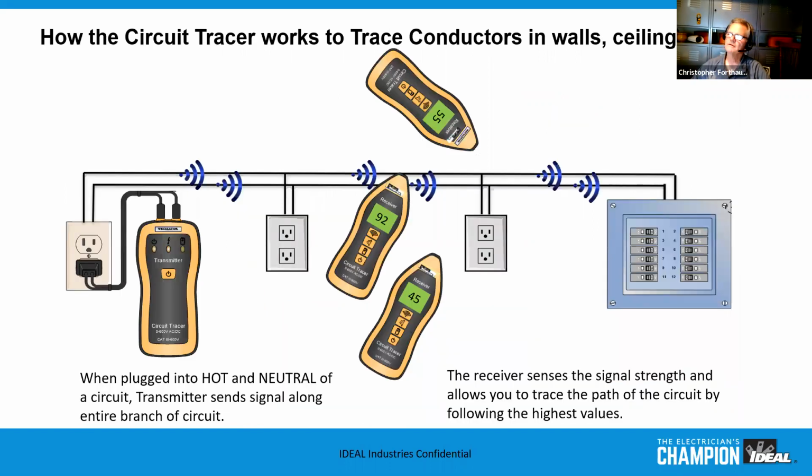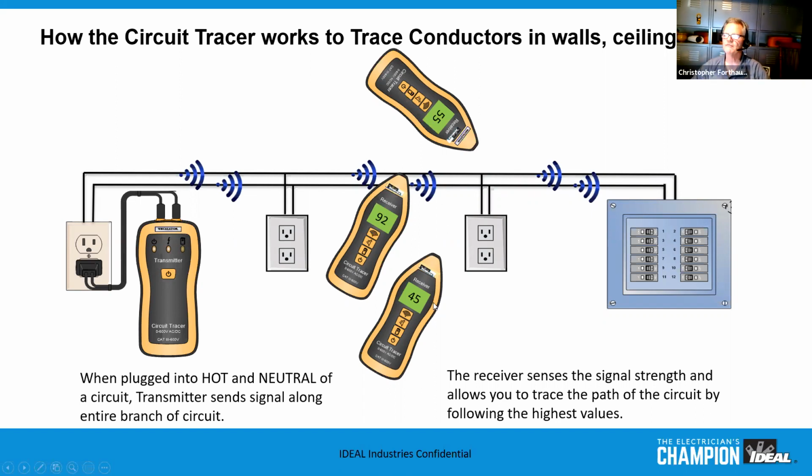How it works in walls, ceilings, floors, again, the same way. You plug the transmitter in, you send that signal along those conductors, and you use the receiver to trace it. In this particular picture, we've got the receiver with the strongest signal here. But if you were up here away from the particular conductor that has a signal on it, the further you get away, you're at like 55.